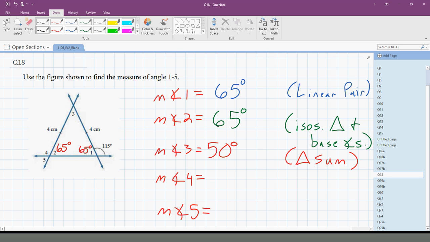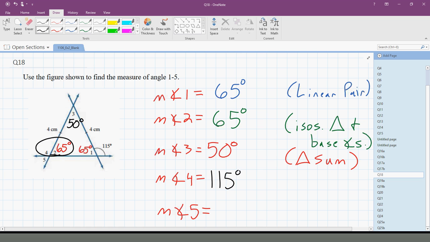What about 4? Or 5, whoever you want to do next. Why is it 115? I agree. Because the same as we went at number 1, what are these two?